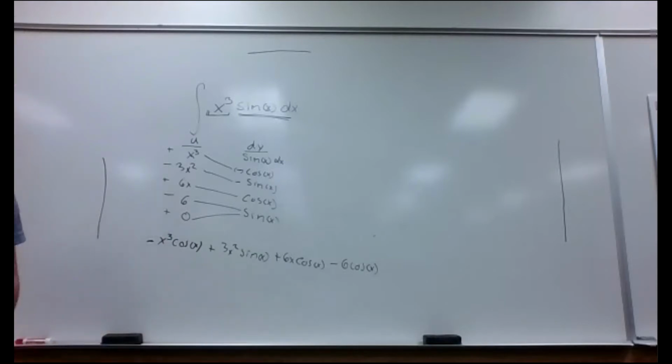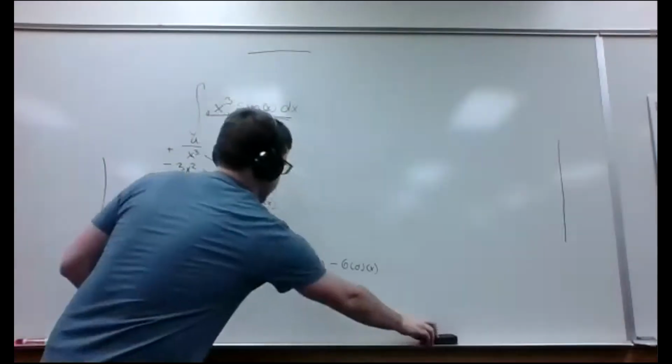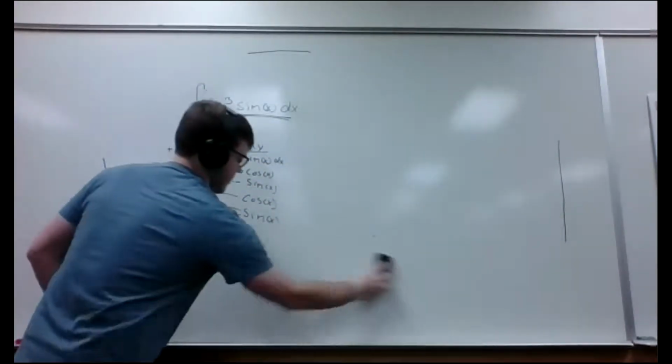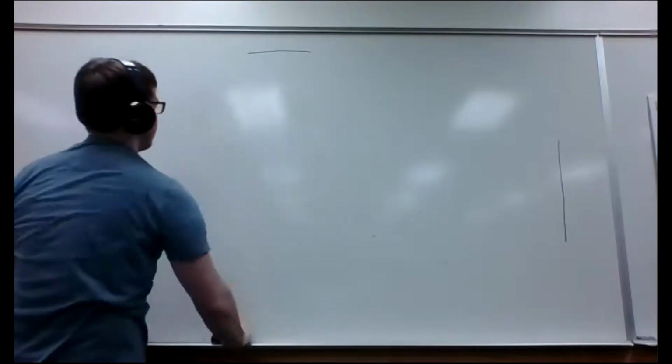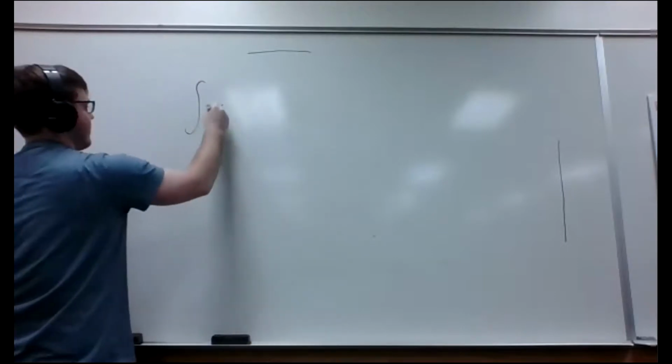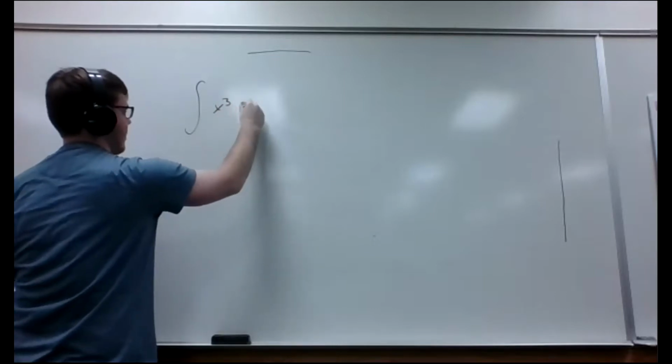I think we'll do one more integration by parts thing. The tabular method works most times, except if you get into like natural log, right? So I'll actually do one with a natural log. Let's just say we have x to the third natural log of x, right?